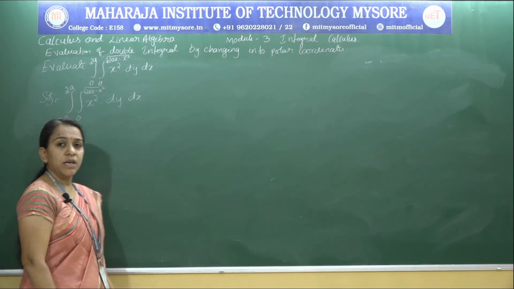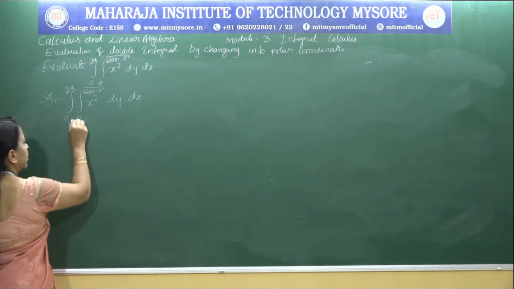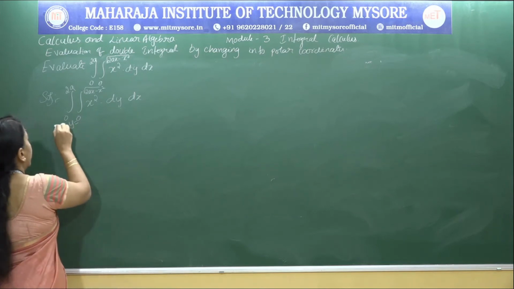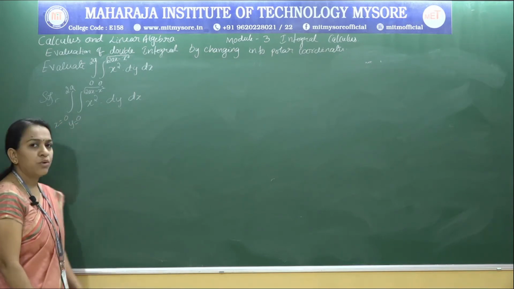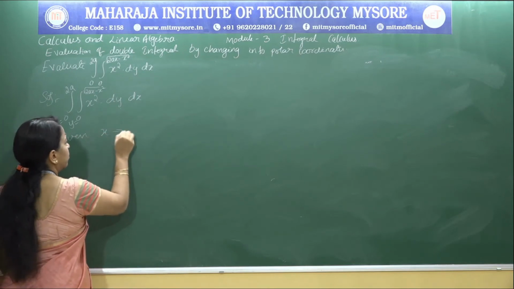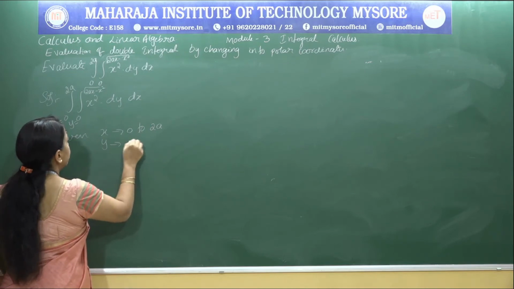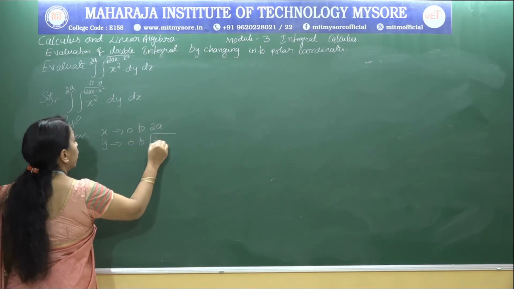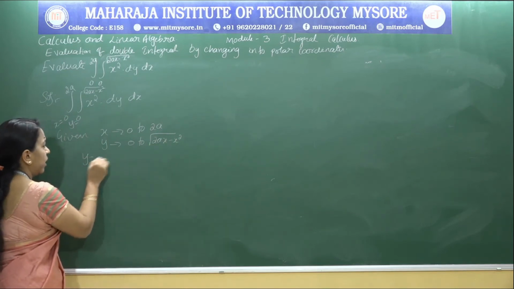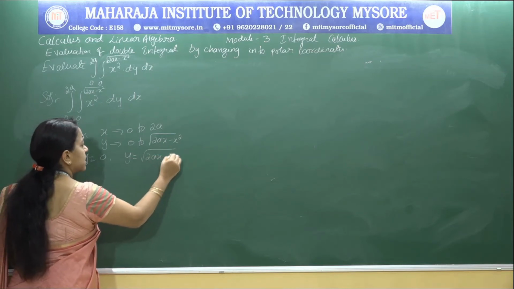Since we have x in the limit place, that should be the limit of the y variable. So y varies from 0 to root of 2ax minus x square and x varies from 0 to 2a. That means we have y equal to 0 and y equal to root of 2ax minus x square.